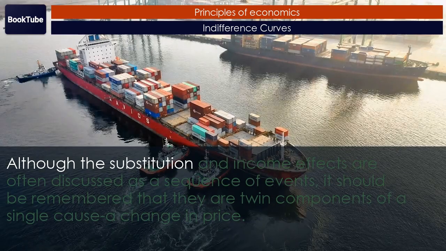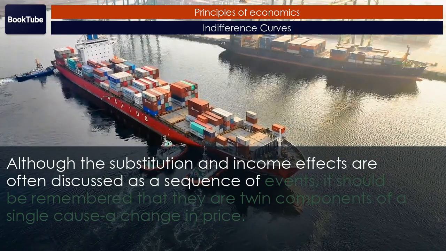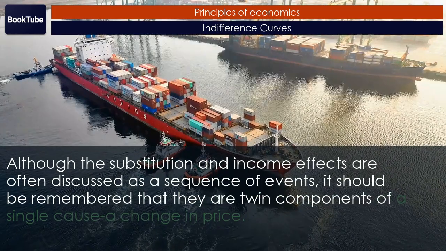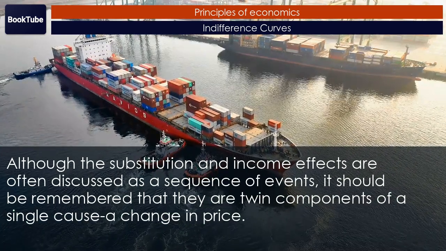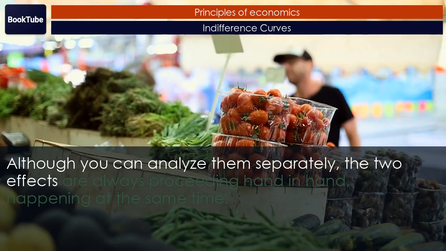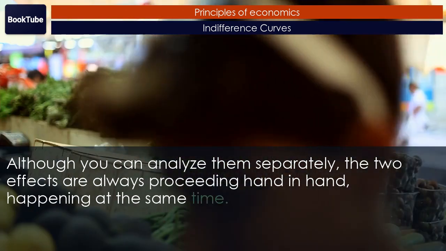Although the substitution and income effects are often discussed as a sequence of events, it should be remembered that they are twin components of a single cause, a change in price. Although you can analyze them separately, the two effects are always proceeding hand in hand, happening at the same time.